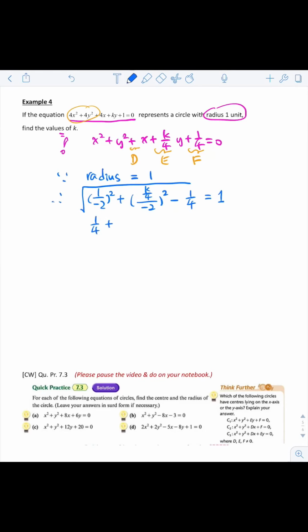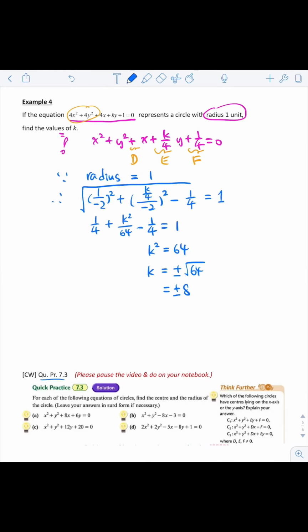Taking square on both sides, you got this. And by transposing the terms, we have k squared equals 64. And for this case, k equals positive or negative square root of 64. So the answer is k equals positive or negative 8.